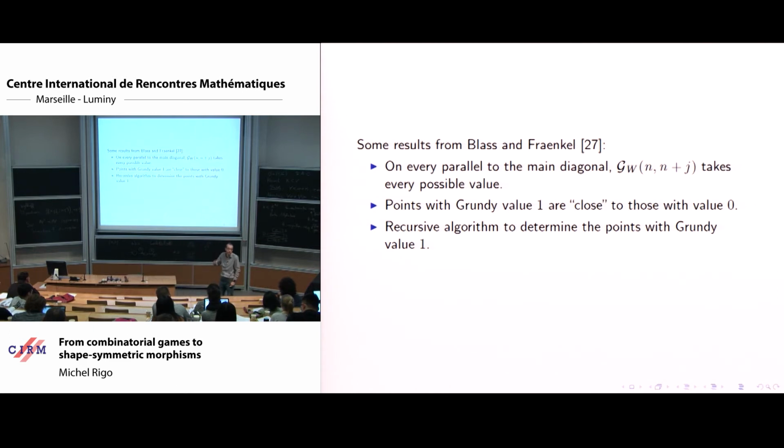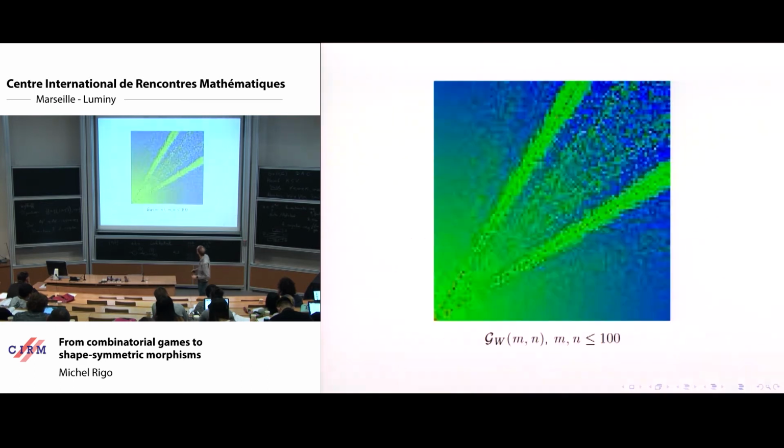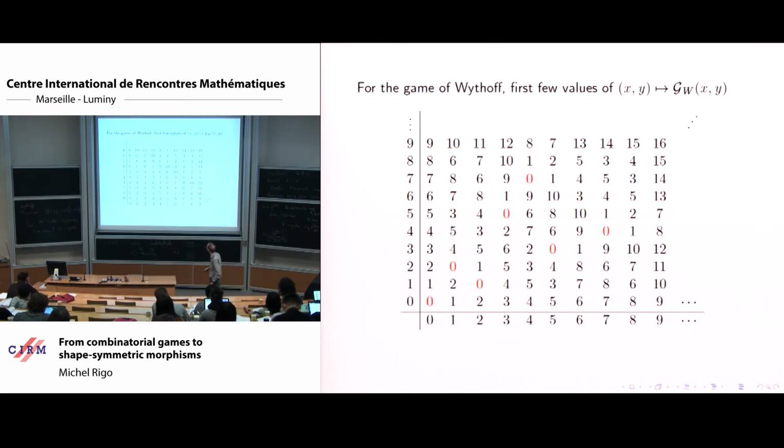Actually, exactly once, because you have the mex, so you cannot have the same value occurring twice on such a parallel. And in some sense, they prove that all the 1s that occur in the table are close to the 0. I don't want to tell you what I mean by close, but you see here that the 1s are really next to the 0, and that's the same here.